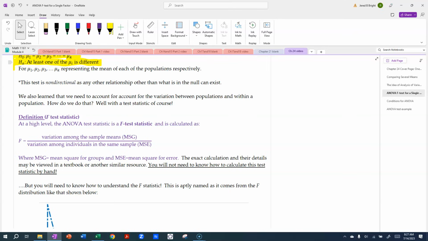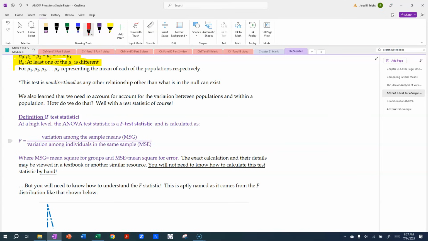Behind the scenes, this test is computing an F statistic, and that F statistic is computed as the ratio of the variation among the sample means, which is called the mean square for groups, so this is between groups, divided by the variation among individuals in the same sample, so within a population.